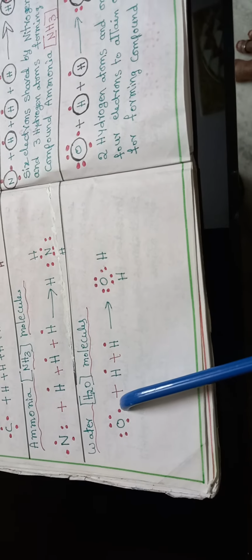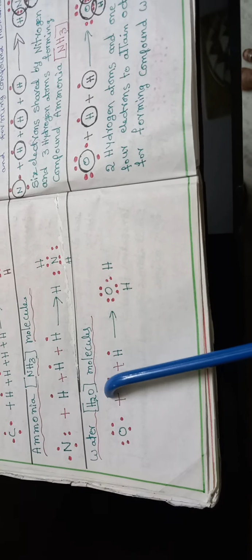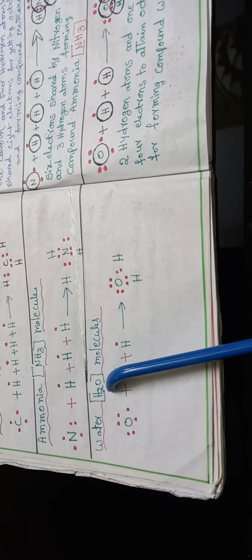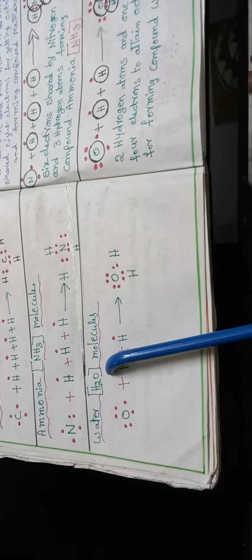Next one, water. Water formula H2O. H means hydrogen, O means oxygen. Here oxygen valence electrons 2, and 1 oxygen atom is there.